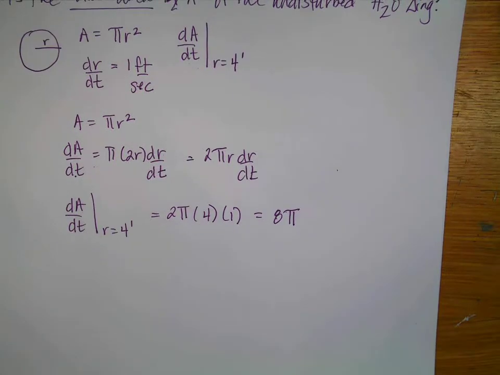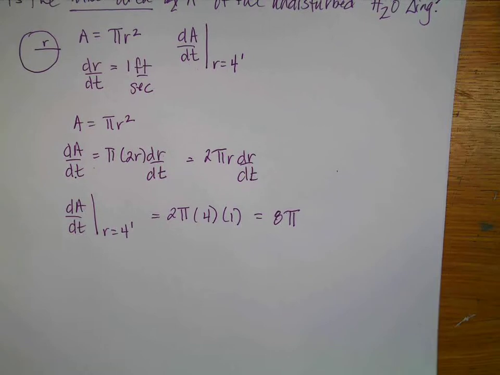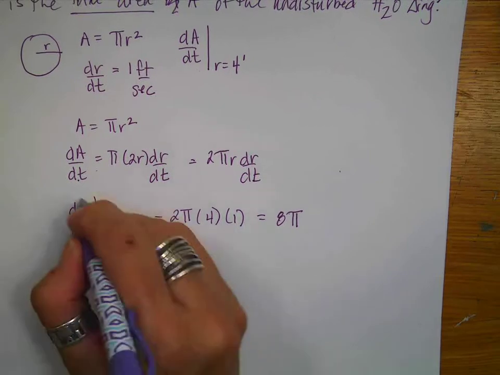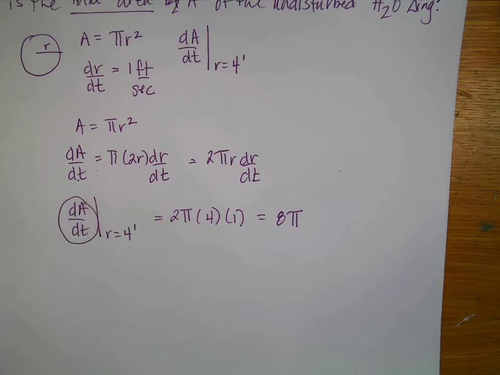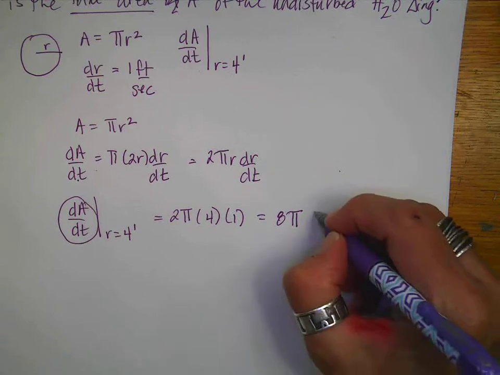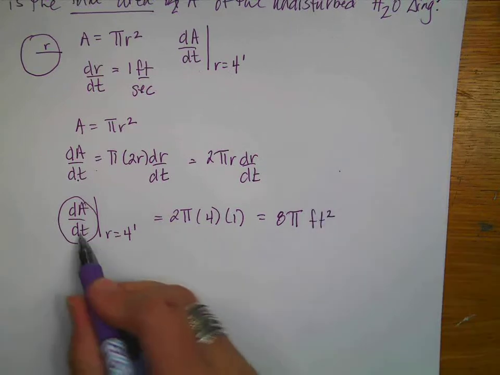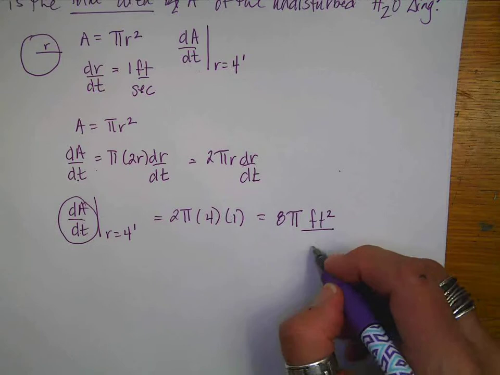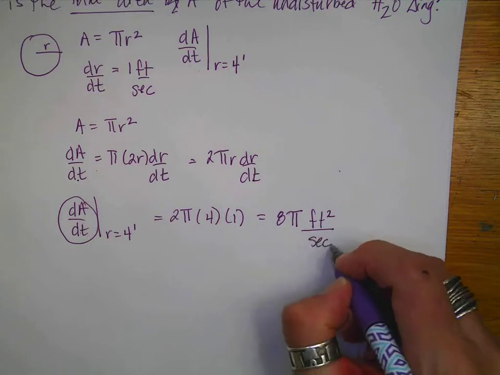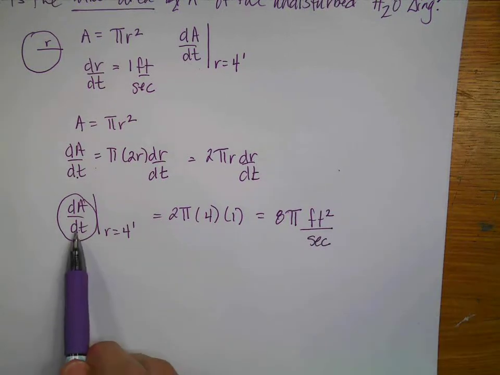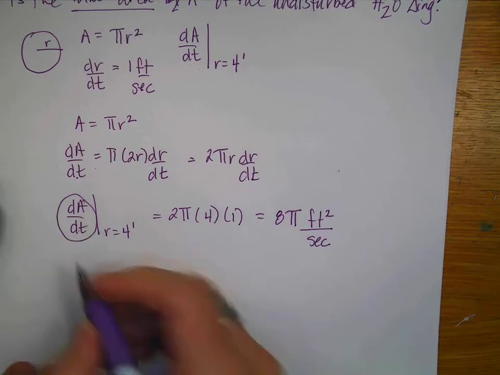And just like we talked about several videos ago about knowing what the units are, this tells me right here exactly what my units are going to be. Area is feet squared. Time, in this particular case, we're changing in seconds. So you never have to worry about how to find the units, because it tells you exactly what the unit should be.